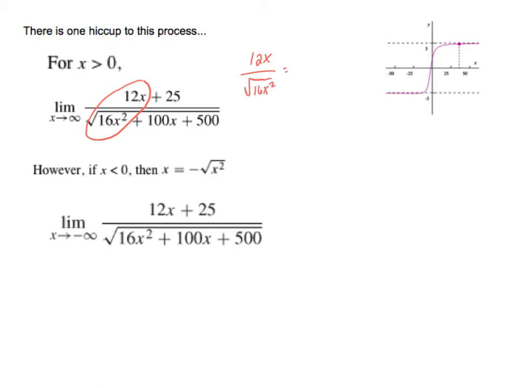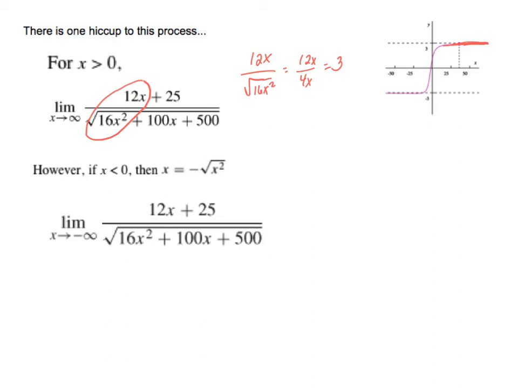Right? So we naturally want to just say, oh, this is 12x over 4x, which is just 3. So that's all fine when x is positive. Okay? When x is positive, we are fine. And therefore, on the right-hand side of this graph, sure, we approach an asymptote of 3.